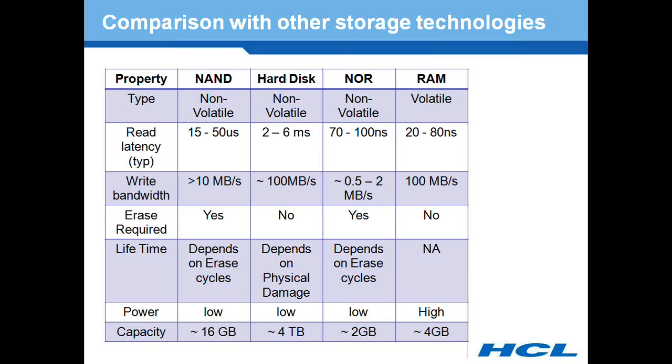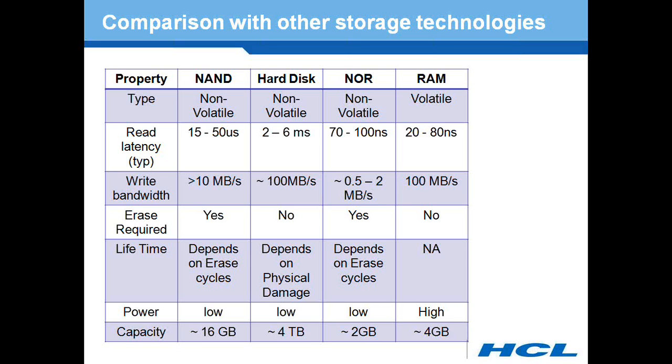If we look at power consumption, all the non-volatile memories require low power compared to volatile memories. In terms of capacity, nowadays a single NAND flash memory can store around 16 GB. If you need more than 16, we can combine multiple flashes to get higher capacities.